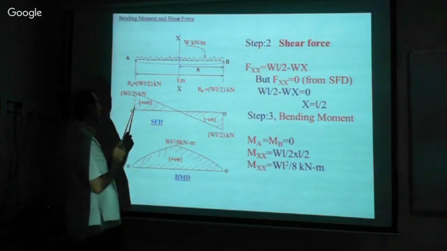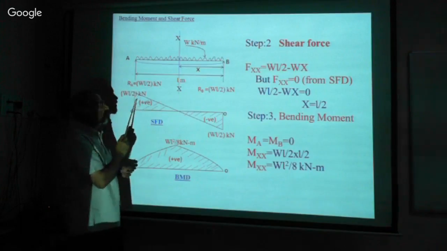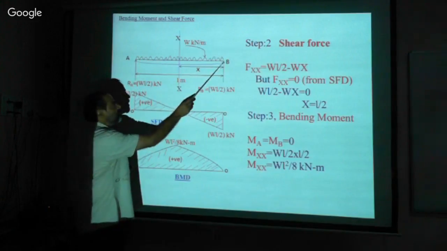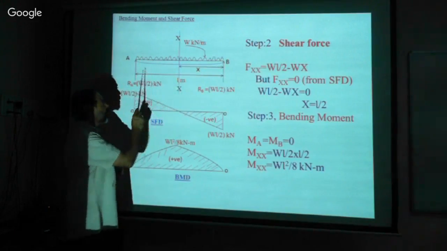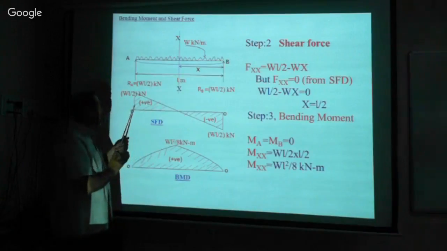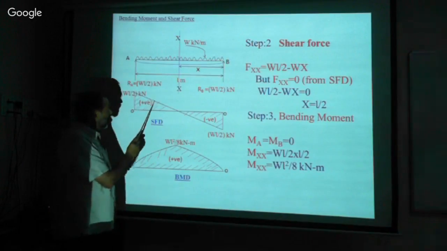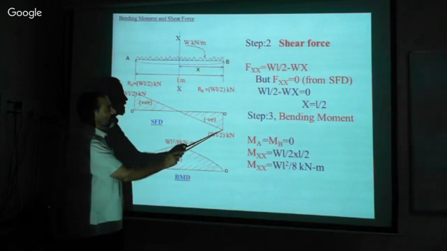At this point, WL by 2 is acting upward. Therefore, we go up by WL by 2, then come down by WL.